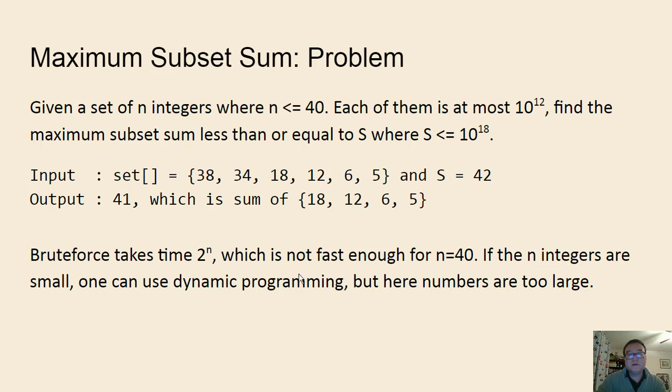And if the n integers are small, then all achievable subset sums can be computed using dynamic programming, because if they are small, the maximum achievable sum is limited. Then we can compute whether each value is achievable or not. For example, if the maximum total sum is 10 to the 6, then we can solve it fairly fast using dynamic programming. But here the numbers are too large.